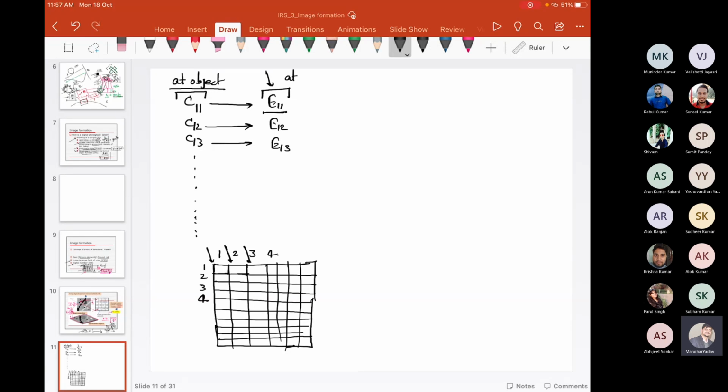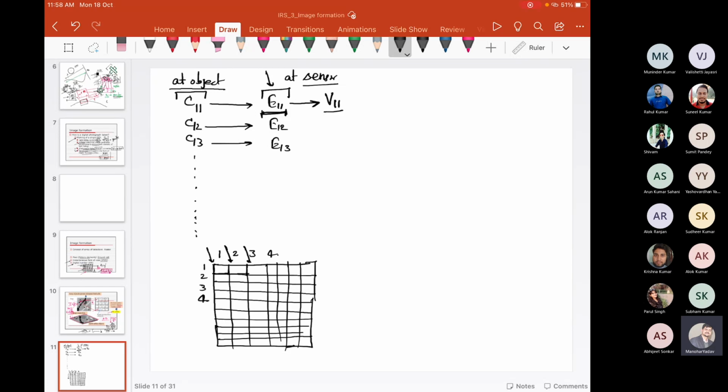So we can say at the sensor. The energy is converted from one form to another: energy E11 is converted into an electrical signal that is recorded in terms of voltage V11.